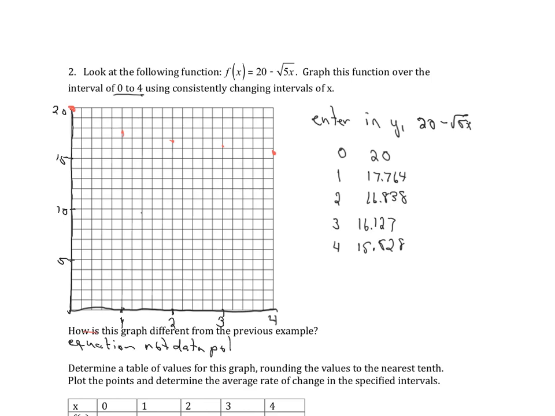And also, in looking at the graph, it appears concave up.